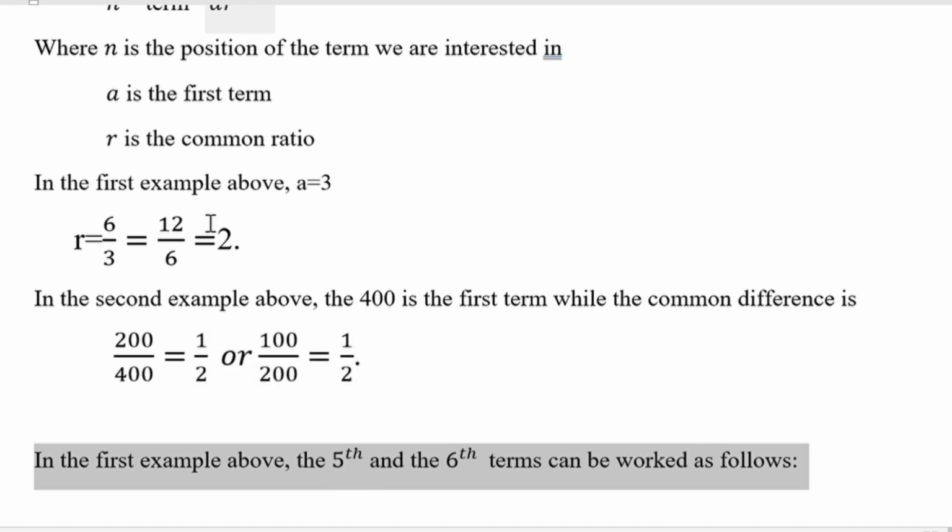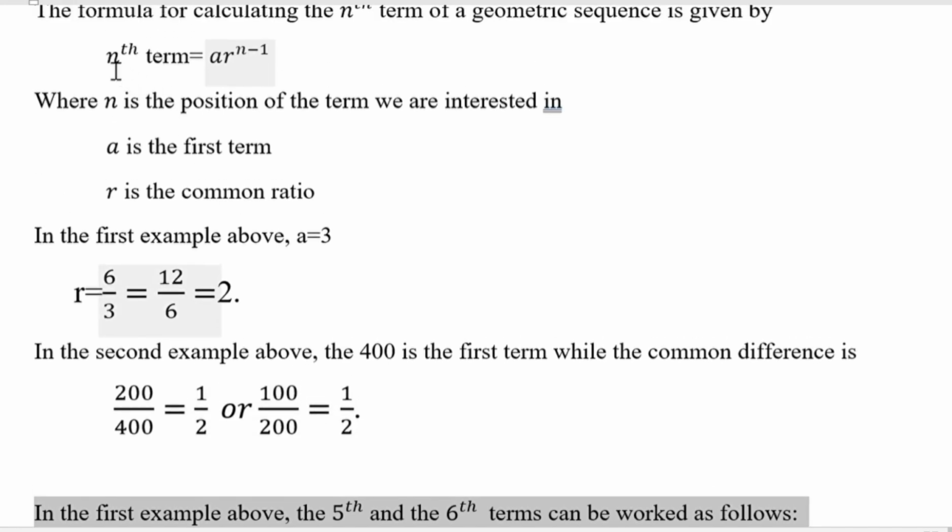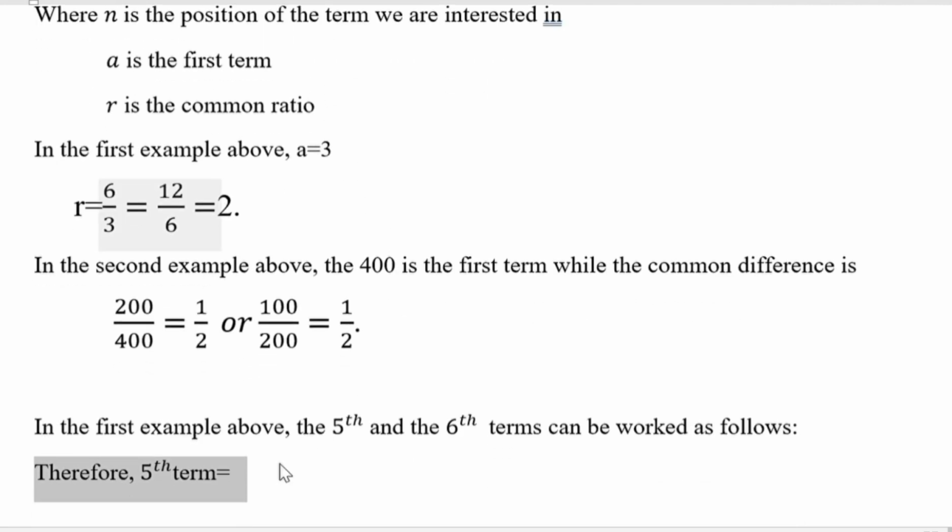Now, using this formula that we have up here, assuming we had not done it manually and gotten the fifth and sixth term in the first sequence, how can we get the fifth and the sixth term using the formula that we have here? We will realize that for us to get the fifth term, we shall say fifth term is equal to a times r raised to power 5 minus 1.